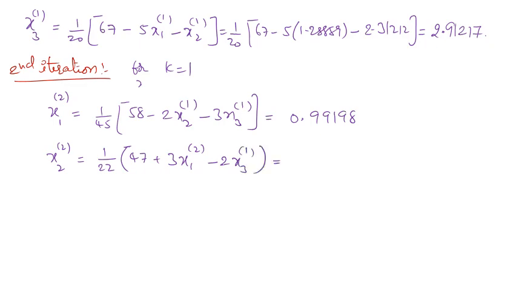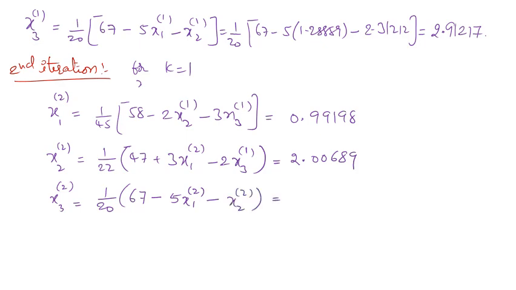After substituting, x2 at second iteration is 2.00689. Coming to x3 at second iteration, that is equal to 1 by 20 of 67 minus 5x1, which I know at second level, and x2 is also known at second level. So substitute the second iteration values, then the result is 3.00166. These are the second iteration values.